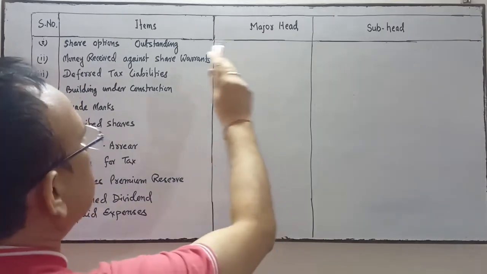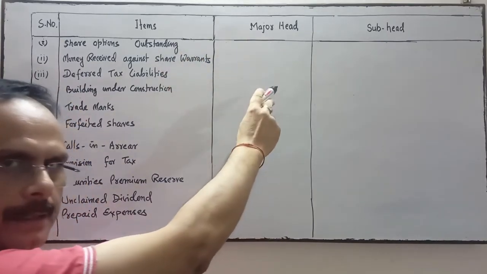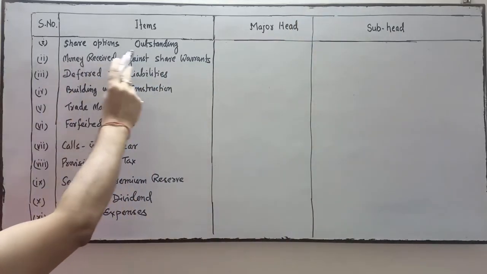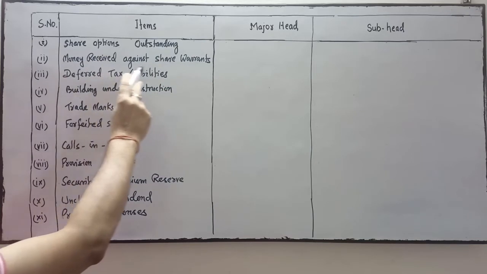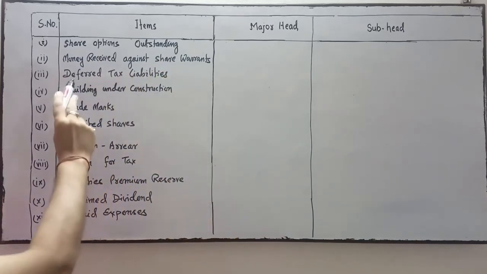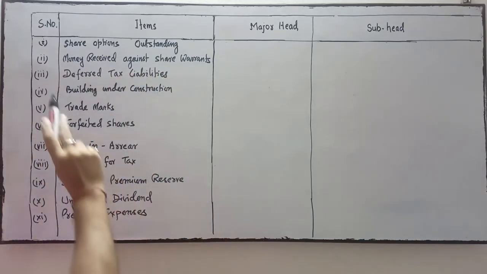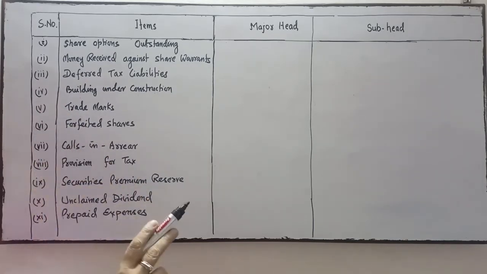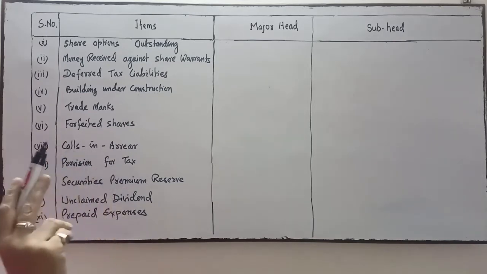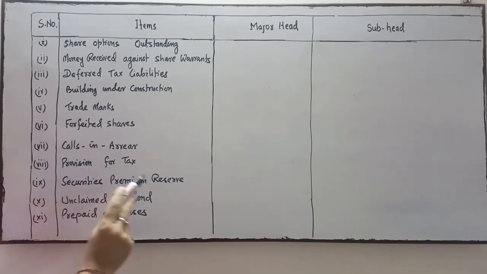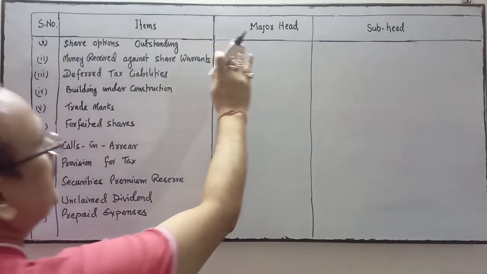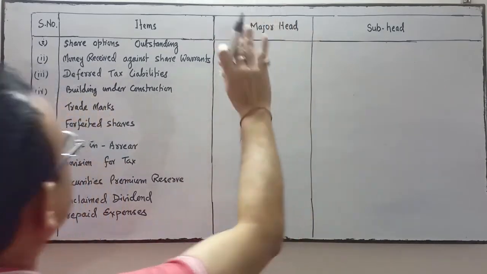Now we have to decide which heading and which subheading this item comes under. The items are share option outstanding, money received against share warrants, deferred tax liability, building under construction, trademark, forfeited shares, calls in arrear, provision for tax, securities premium reserve, unclaimed dividend and prepaid expenses. So we have to decide under which major head and subhead each item will come.